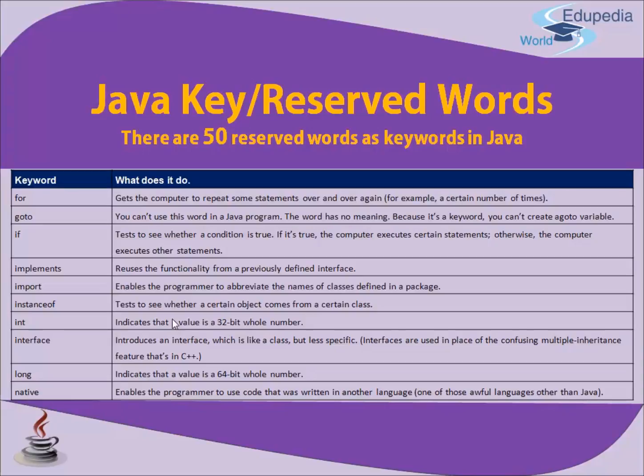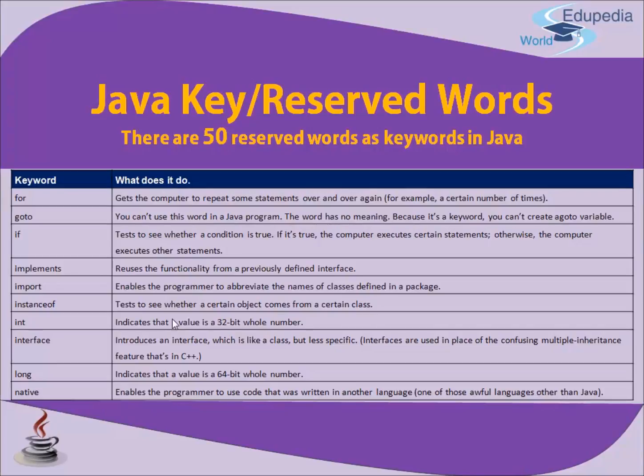Then coming on to interface, which introduces an interface, which is like a class but less specific. Interfaces are used in place of the confusing multiple inheritance features in C++. Then you have long, that indicates that a value is a 64-bit whole number.